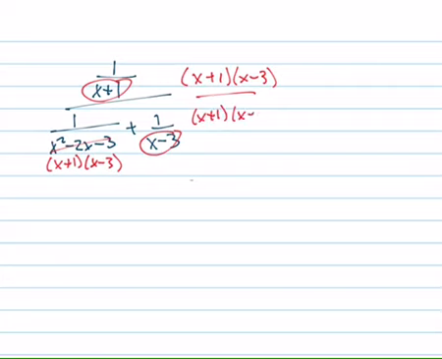What I'm basically doing is I'm doing this. Remember, if you had 3/4, you could multiply 3/4 by 2 over 2, and you'd get what? 6/8, which is the same thing, right? So all I'm doing is I'm multiplying the top and bottom of a fraction.